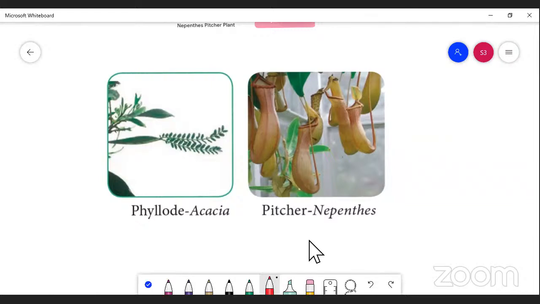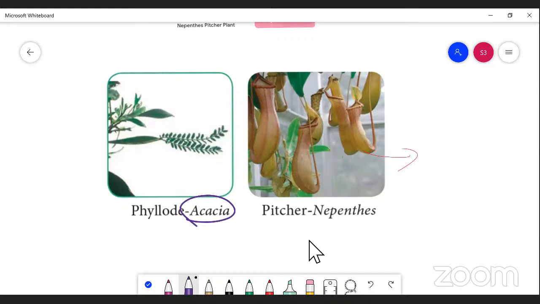This is a leaf, you know very well. The leaf is very long, a broad blade-like structure, and its apex region becomes like a coil and a bag-like structure. That is called Nepenthes. My dear students, Nepenthes is very important pitcher plant, and below it, acacia.